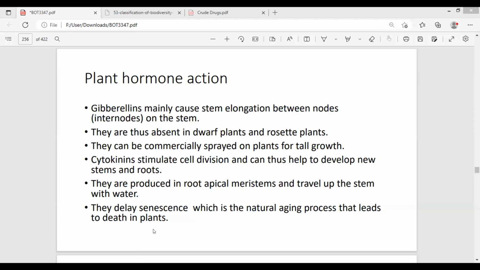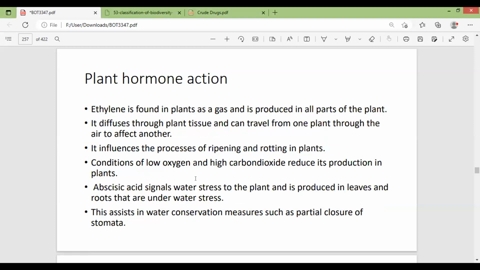So if cytokinins delay aging, what promotes aging? We have abscisic acid. Number one, it promotes aging. Number two, it can induce dormancy, and it's also used to maintain that dormancy. Dormancy here is the same as we mentioned when we were talking about spores.